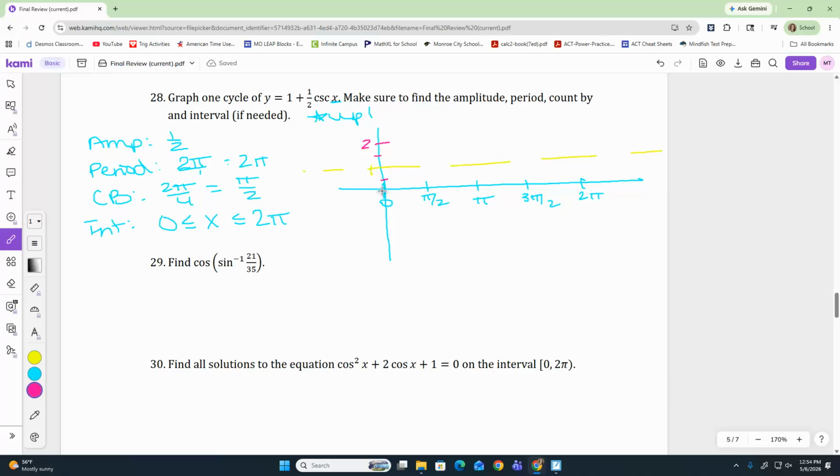So to do this, remember we started off graphing sine or cosine. Cosecant is the reciprocal of sine. So we graphed sine to start. Sine starts at 0, up to its amplitude, back to 0, down, back to 0. So this is my sine graph. Okay, some of you lightly draw it in, some of you got to the point where you just put dots, but you need to know what that is, because every time that's at my center point, what happens on cosecant?